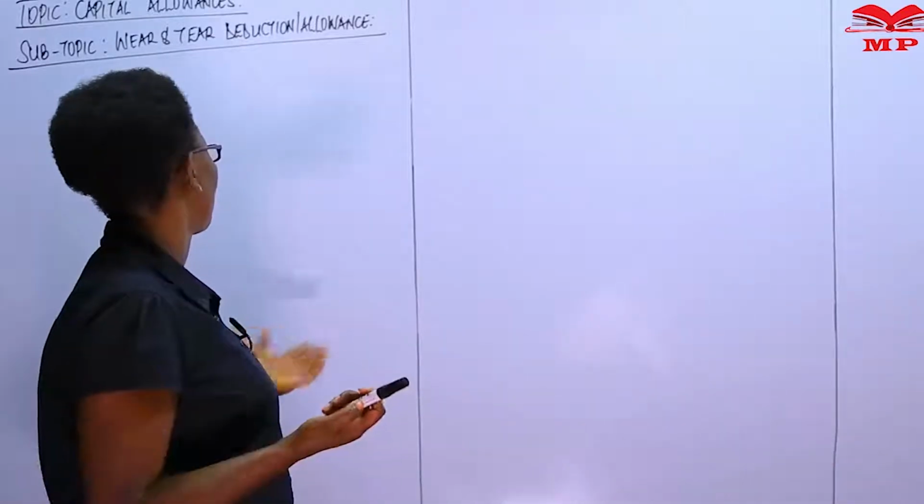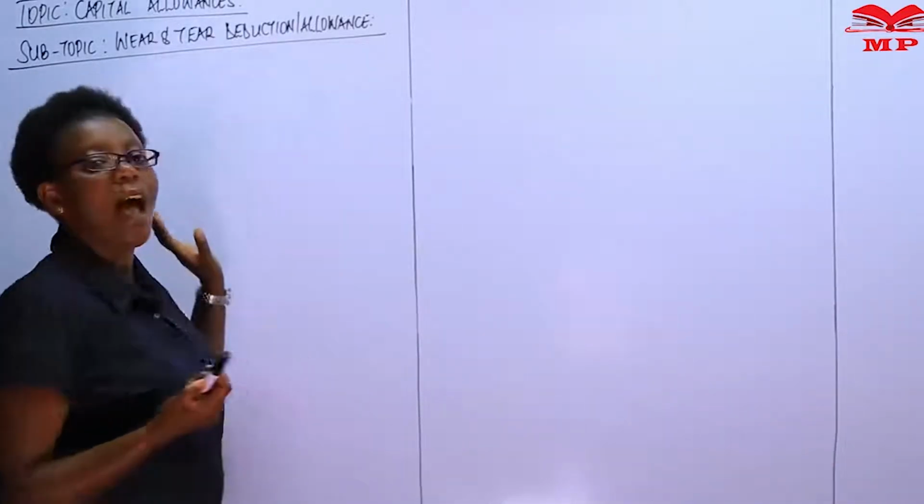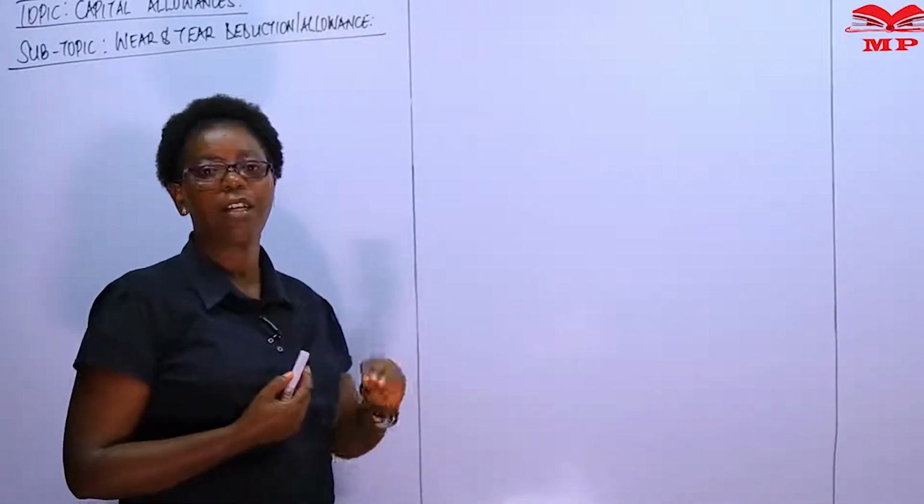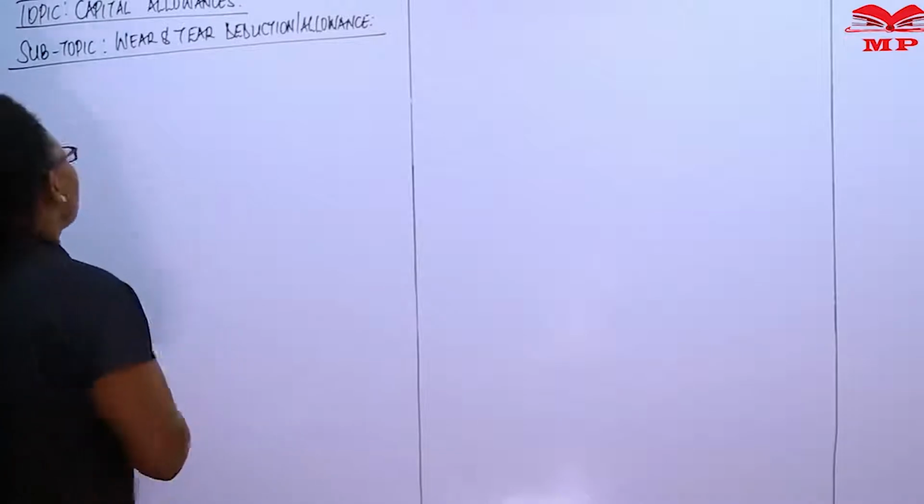Now, for wear and tear purposes, we are going to define this as a deduction in recognition of the loss in the value of machinery that has been used in the business.